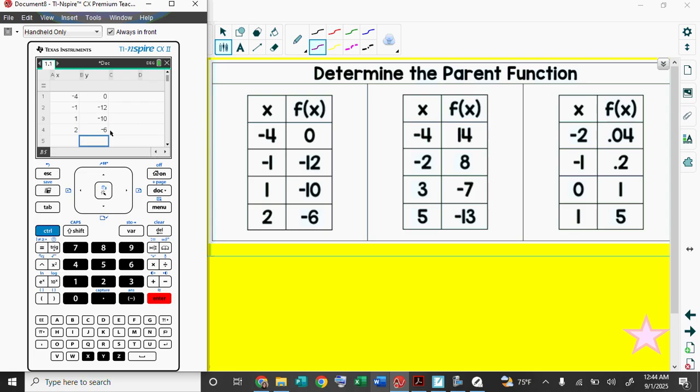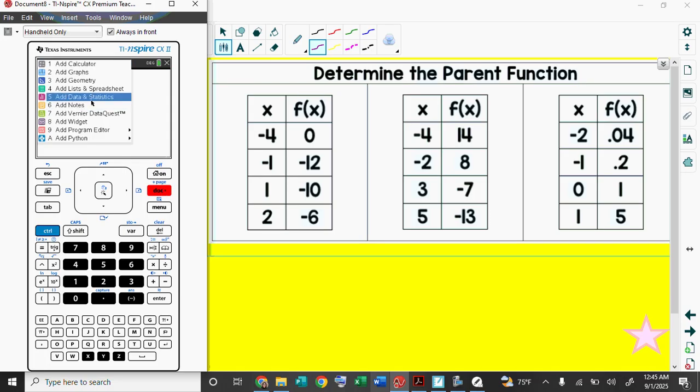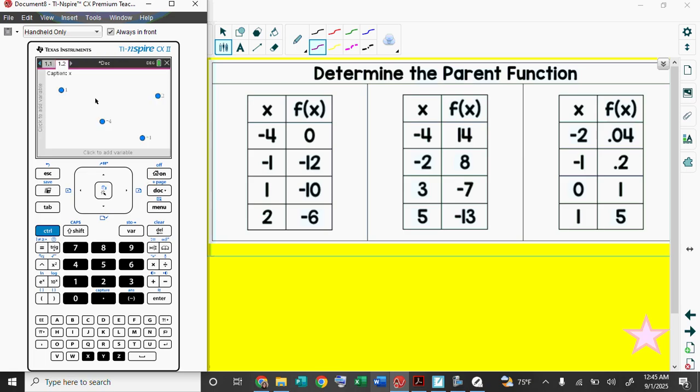So you may have to go back and rewind, make sure your calculator looks like my calculator. Then we're going to press Control, Doc, and we need to add data and statistics. That's number 5. So you can either use your mouse or you can press the number 5.